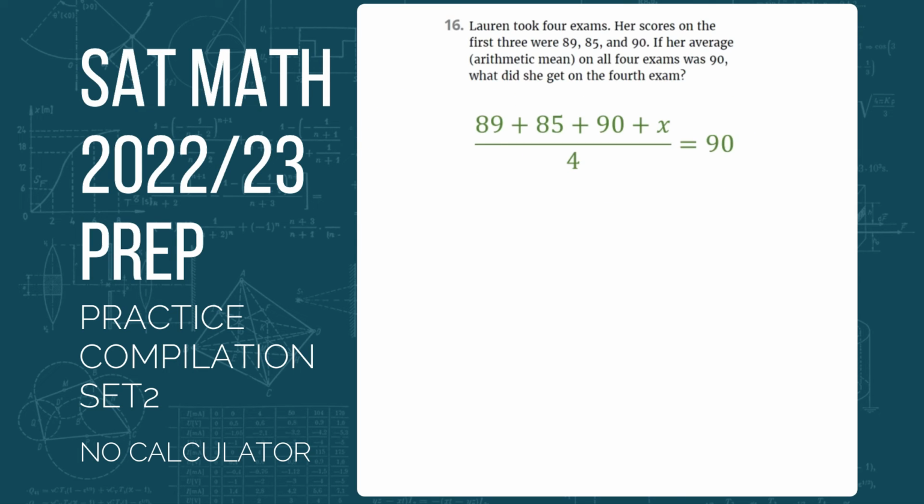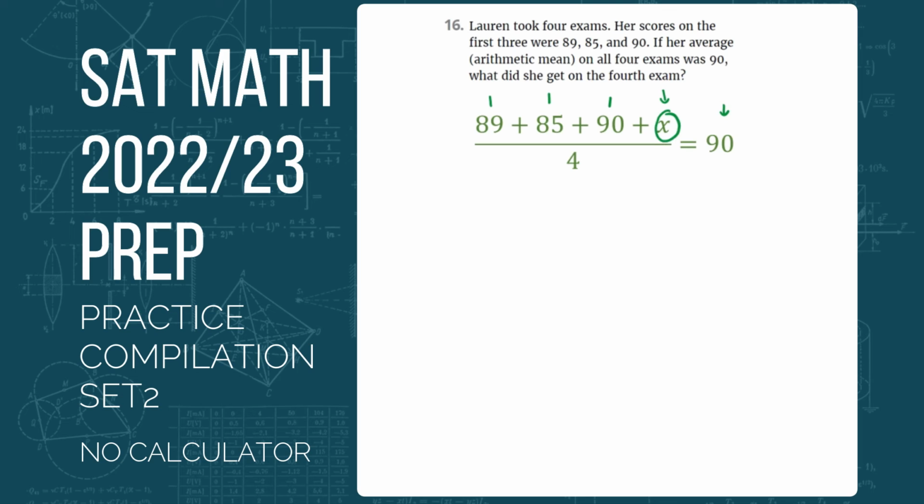She took 4 exams. Her scores on the first 3 were 89, 85, 90. If her average for all 4 exams was 90, what did she get on the 4th exam? So that's why I've written this average solution, to find what she got on her 4th exam.